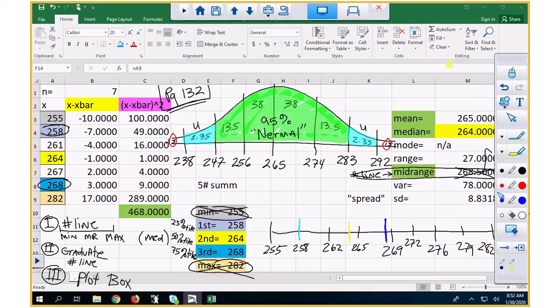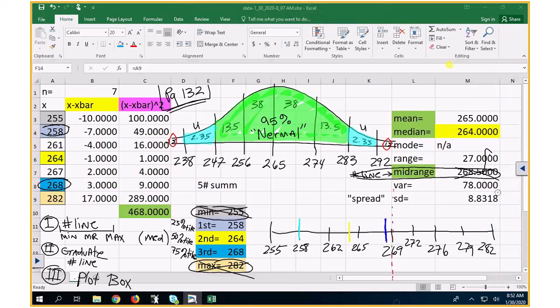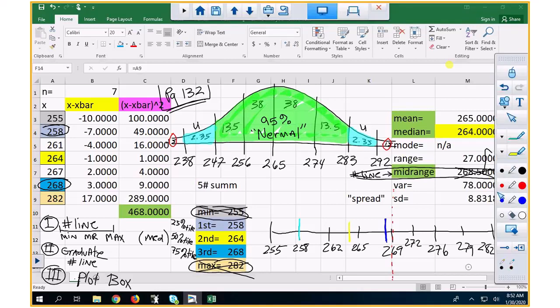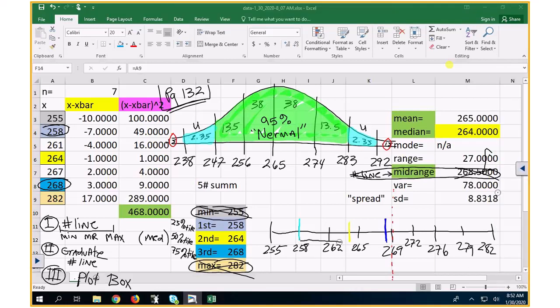Now everything is dependent upon the what? The center, right? Everything in statistics is determined based on the center. I'm not preaching in here. And the box plot looks like that.